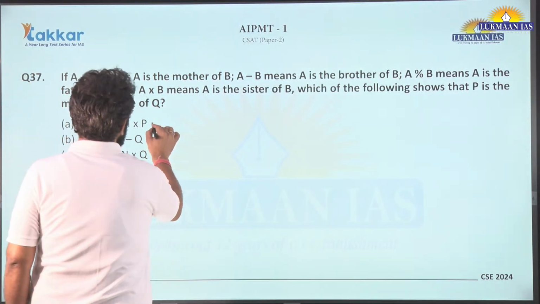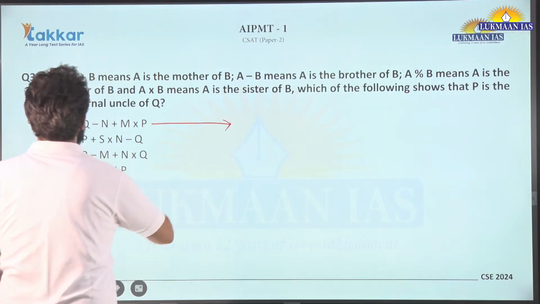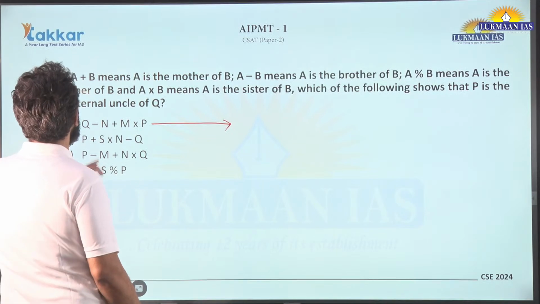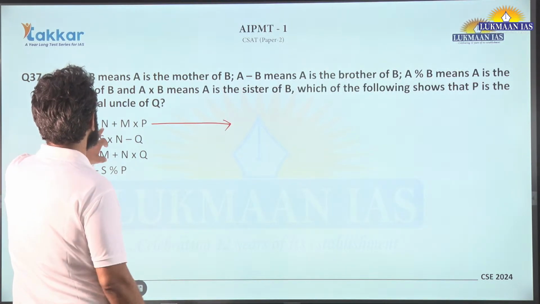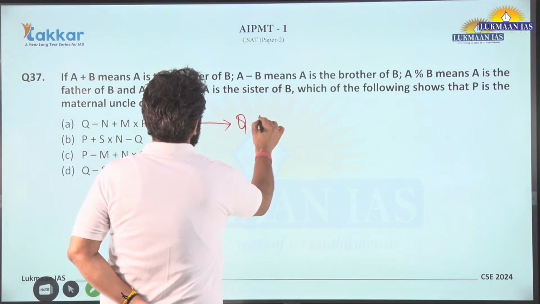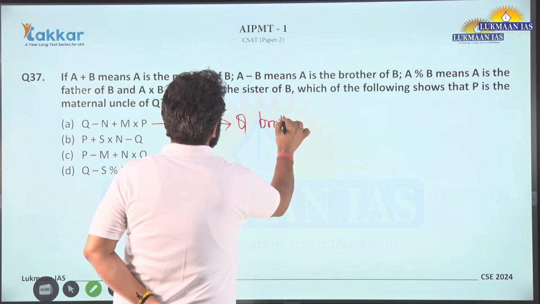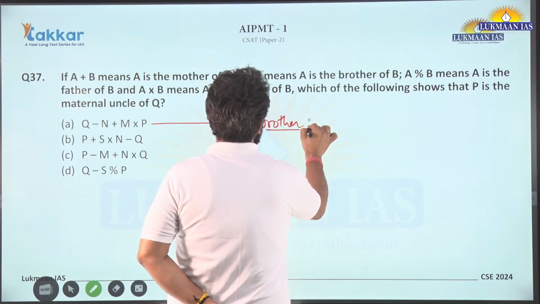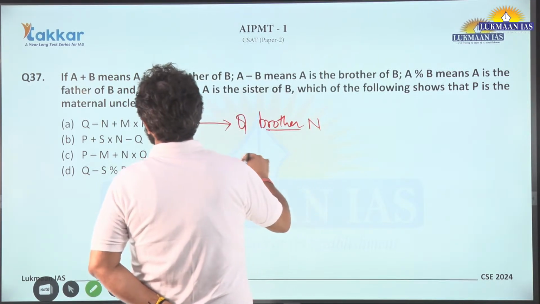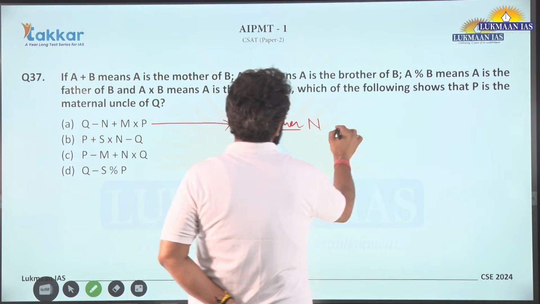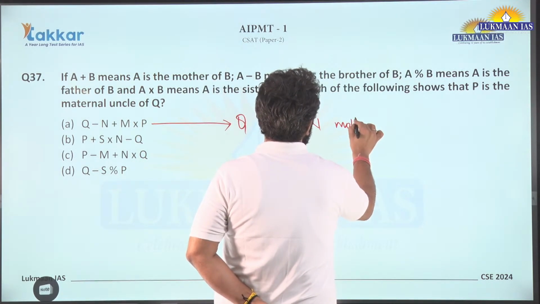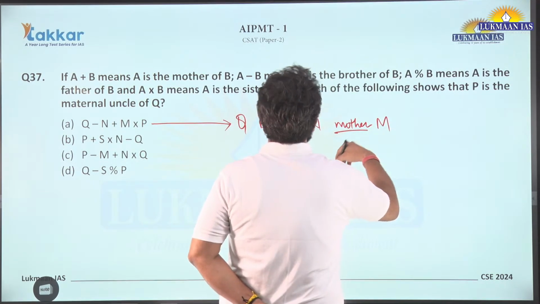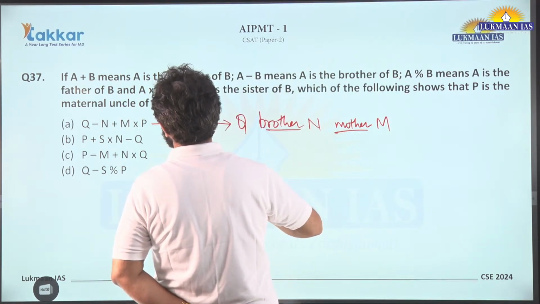Okay, let's try to substitute in option A. Q is the brother of N, plus means mother, N is the mother of M, and the last sign means sister.